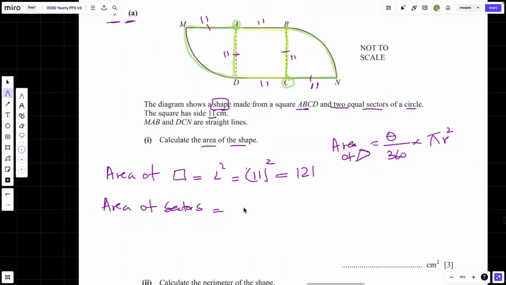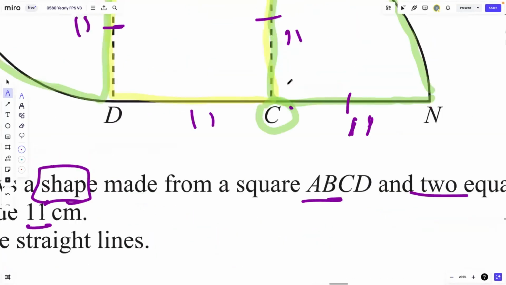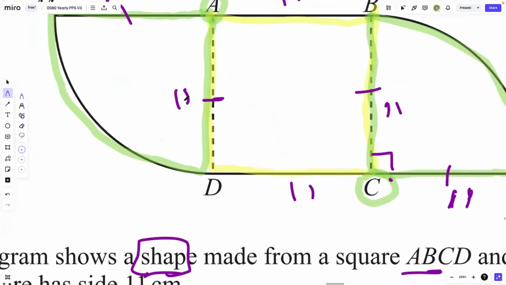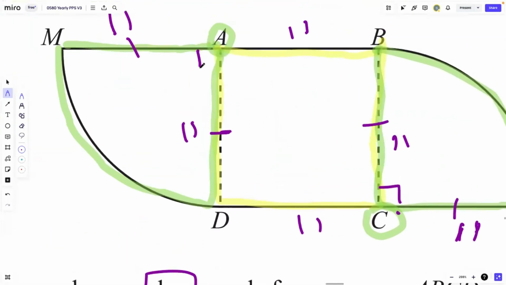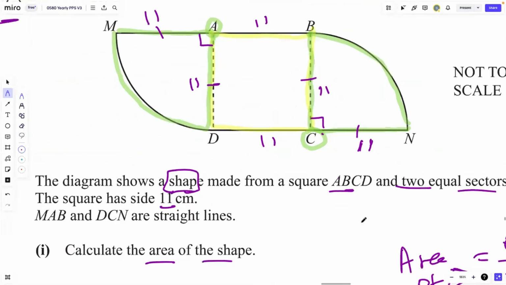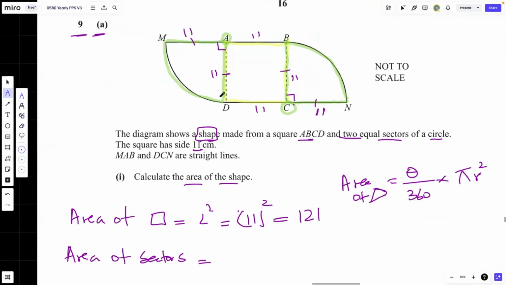So considering theta here would be this angle, which is going to be actually 90 degrees. And similarly, this angle is going to be 90 degrees here. The angles are 90 degrees here because we have a straight line and AM and AD are actually perpendicular here. So they're making a 90 degree angle.